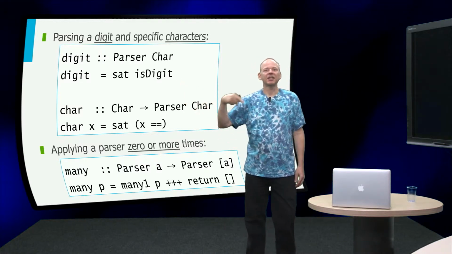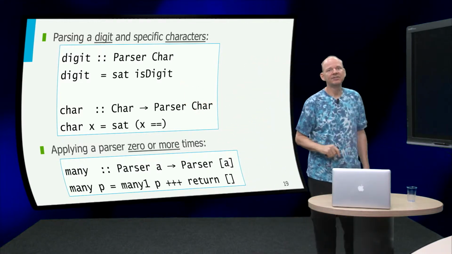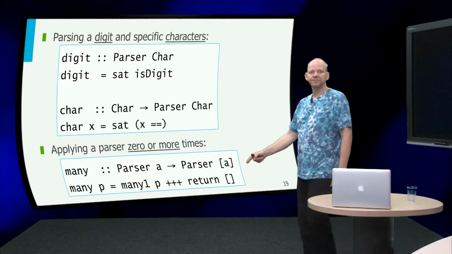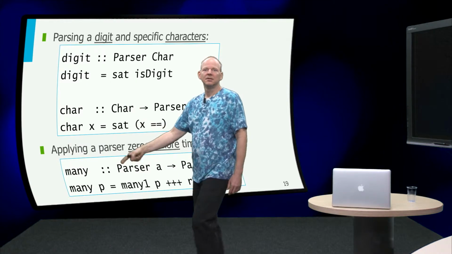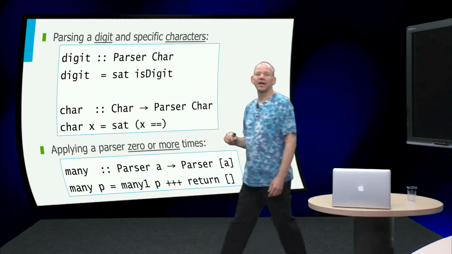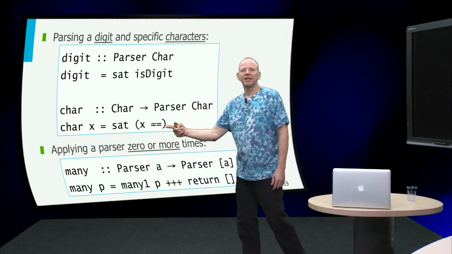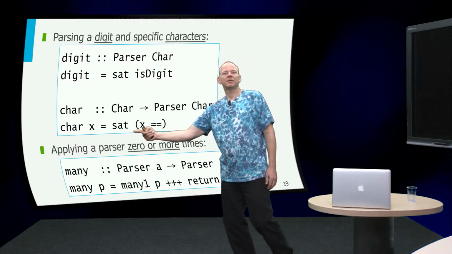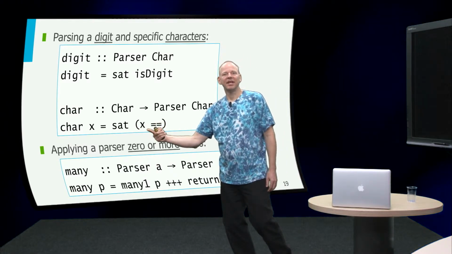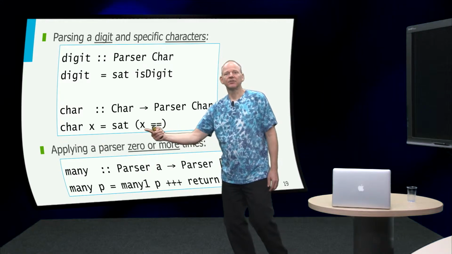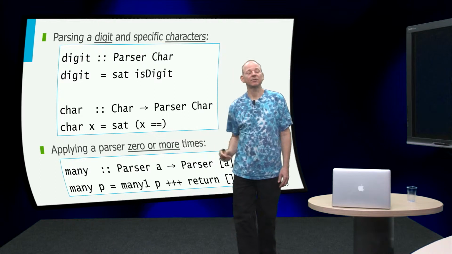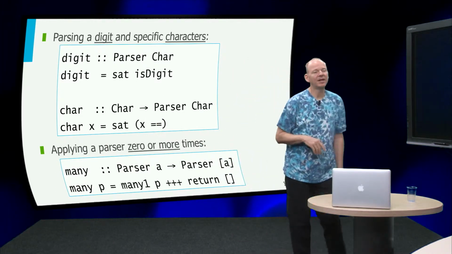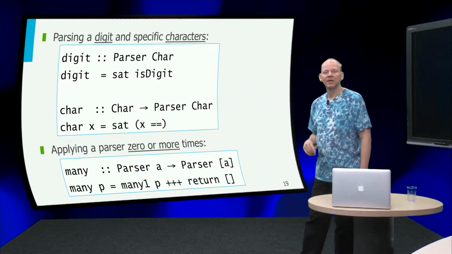If it's not a digit, it will fail immediately. If we want to parse a specific character, like here, character x, then we can use sectioning to create a predicate, x equals equals. This is a function that expects a character and checks whether it's equal to x, and then we apply that to sat.